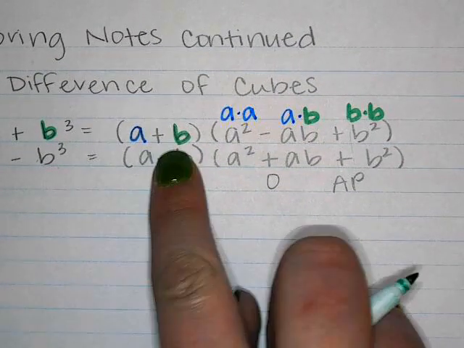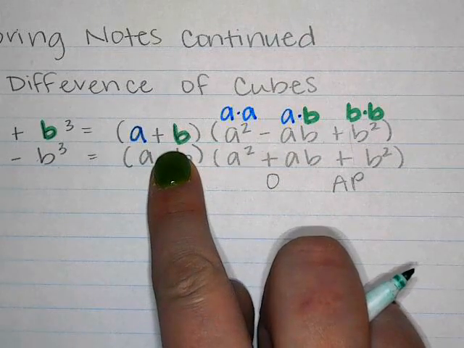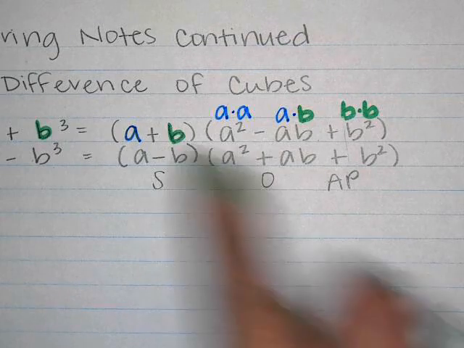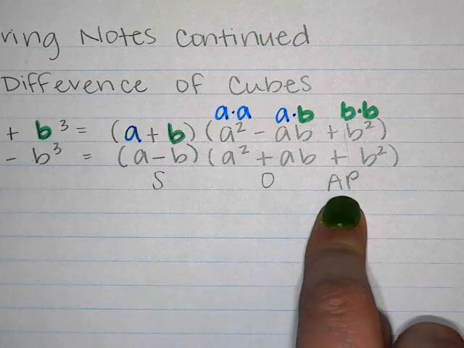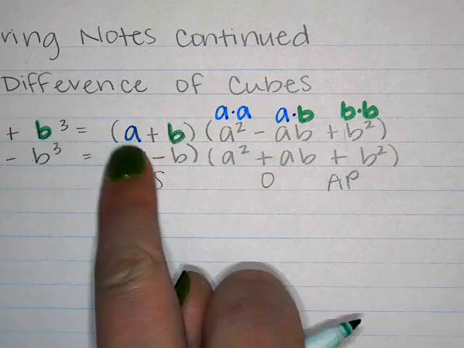So if you can remember the pattern, you don't have to memorize the formula because you can just do the pattern. So SOAP is going to help us with the signs, and the colors are going to help us with how many times to write each term.